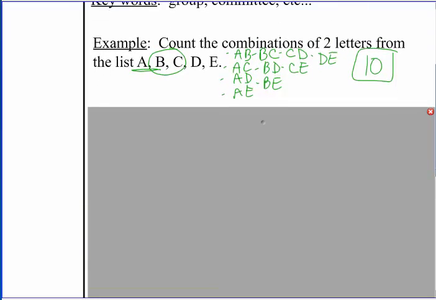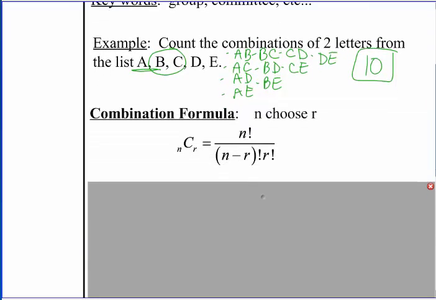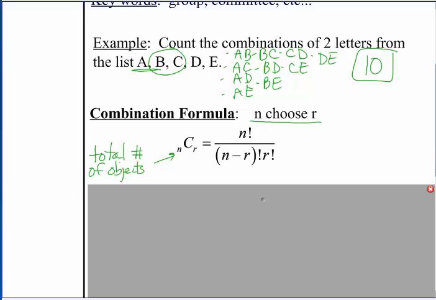The next thing we're going to look at is our formula for combinations. So this is how it's usually read: n choose r. So n is your total number of objects. r is how many of those objects you are selecting. And then the formula is n factorial on top, n minus r factorial on bottom, times this extra r factorial on bottom.